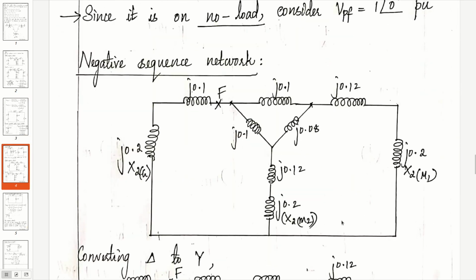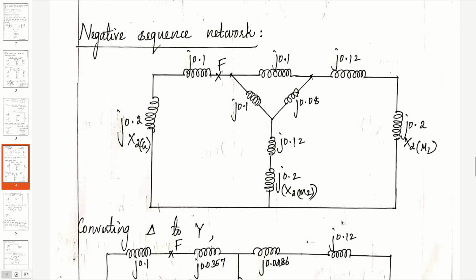Then we will draw the negative sequence network. In the negative sequence network there are 2 changes. The first change is that you should not include the 3 voltage sources. The second change is that you have to write down the respective negative sequence reactances. In this problem, for the motors and the generator, the negative sequence reactance is not the same as the positive sequence reactance, so carefully write down the negative sequence reactance values.